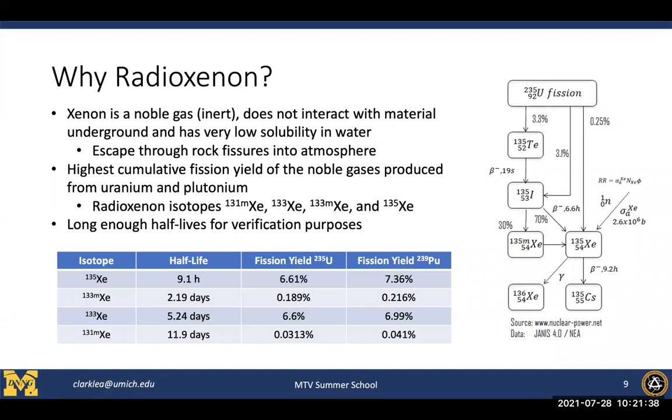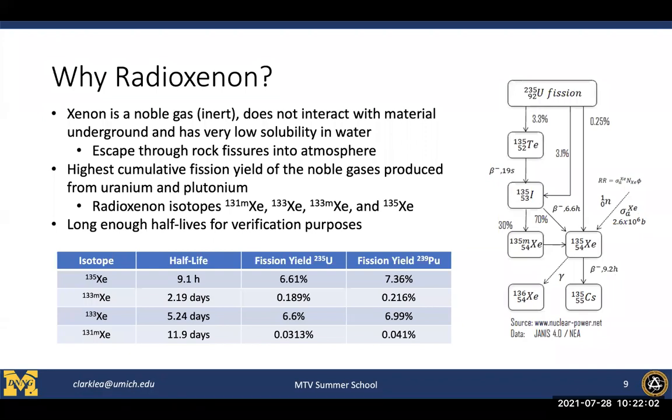but it's not the main subject for the CTBT. Then we also have krypton isotopes, but these are either too short-lived to get enough data, or too long, like krypton 85, whose half-life is almost 11 years.